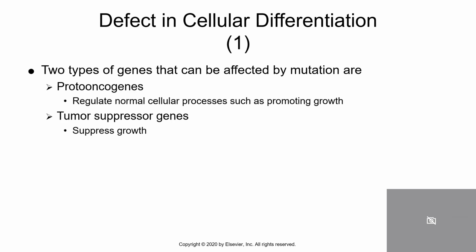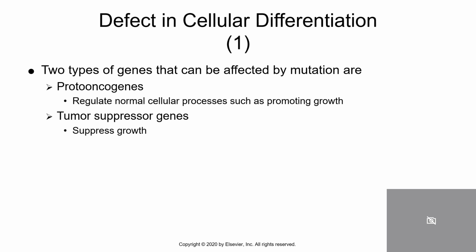But with cellular differentiation that has a defect, they can revert in between the different stages. Cancer involves the malfunction of genes that control how cells differentiate and proliferate. There's two types of genes that can be affected if there's a mutation, and those are the proto-oncogenes and tumor suppressor genes. Those are the two genes that are targeted when a mutation occurs.